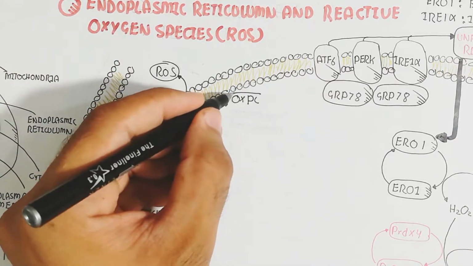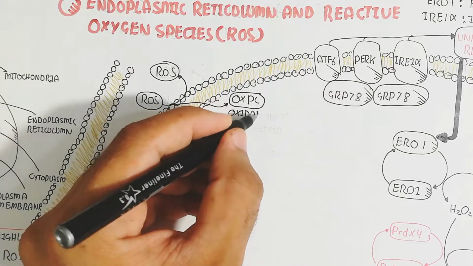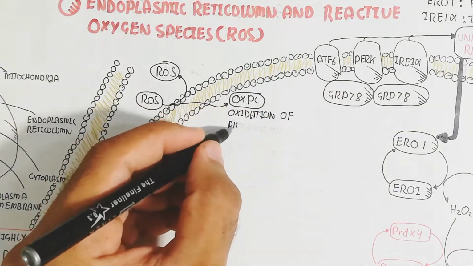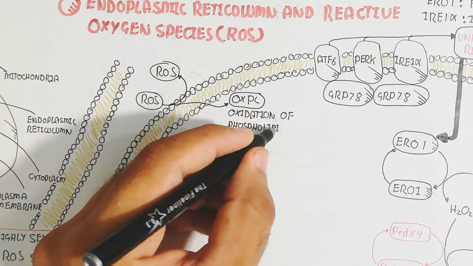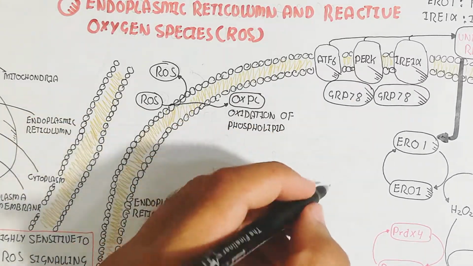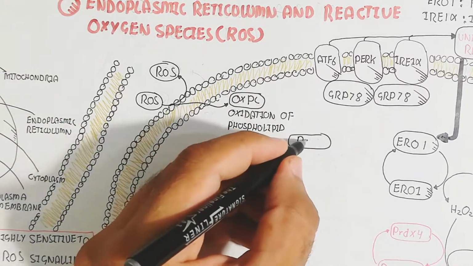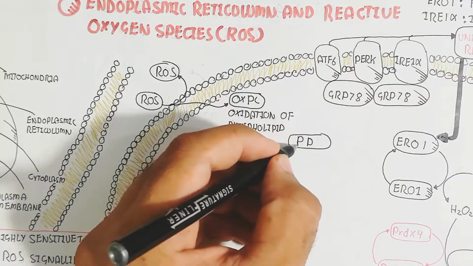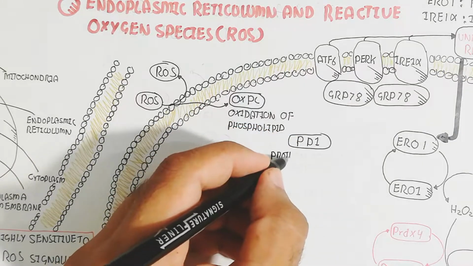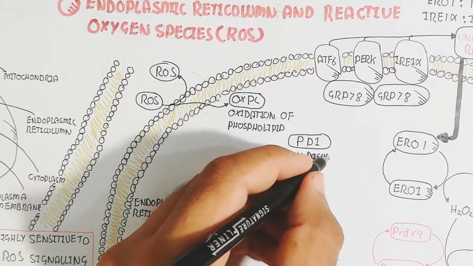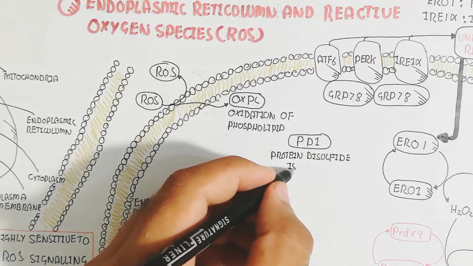So here, when reactive oxygen species are enhanced and increased, they will lead to oxidation of the phospholipid bilayer of the plasma membrane, the endoplasmic reticulum membrane, or the mitochondrial membrane. On the other hand, here is the protein disulfide isomerase enzyme 1.